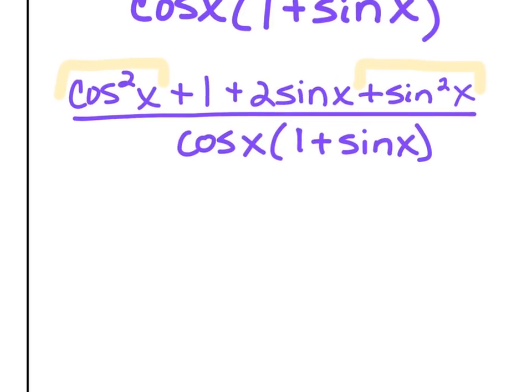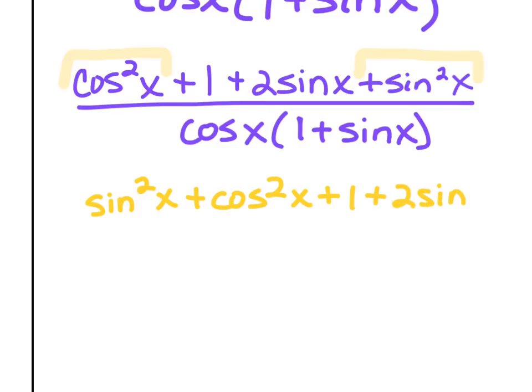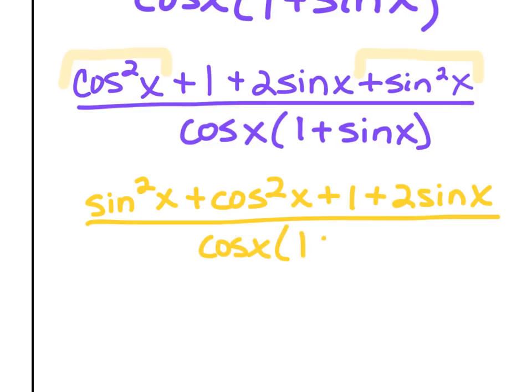And your thinking process, you don't have to write this next step, but your thinking process could be that you move that sine squared to the beginning so you can rearrange the order of the terms. You can be thinking sine squared of x plus cosine squared of x plus 1 plus 2 sine of x all over cosine of x times 1 plus sine of x.